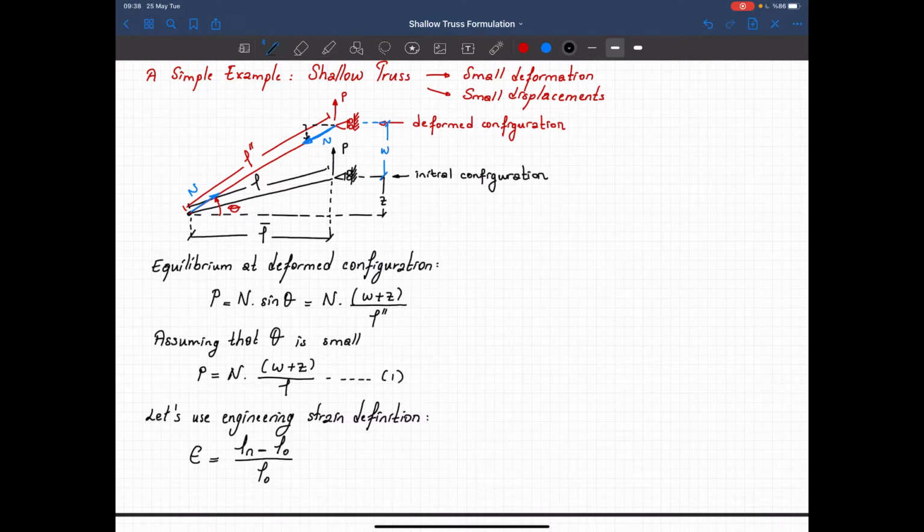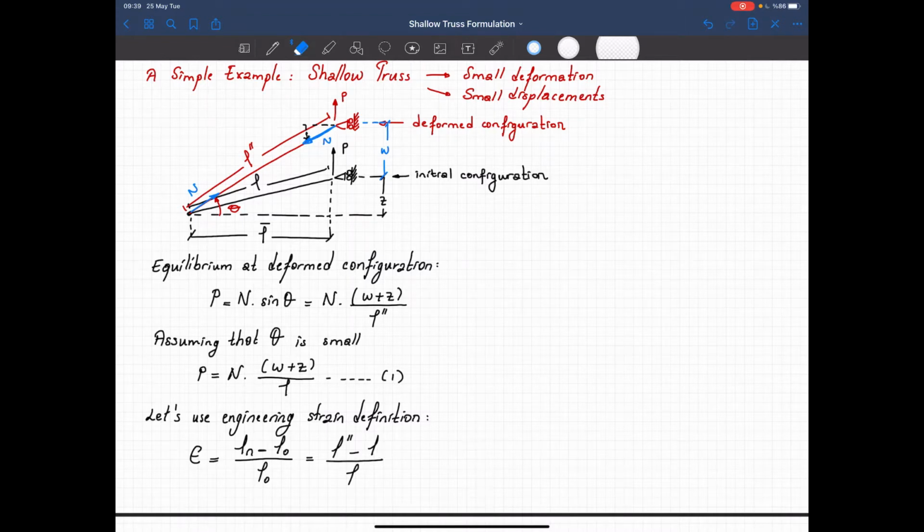In that case, that will be equal to final length minus original length, L, divided by the original length. Okay?